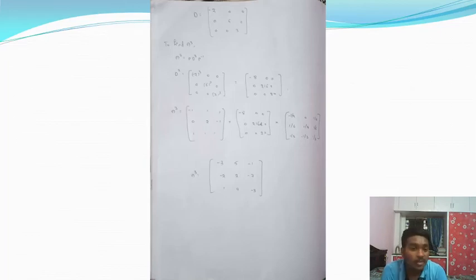P inverse is minus 1 by 2, 0, 1 by 2, 1 by 6, 1 by 3, 1 by 6, 1 by 3, minus 1 by 3, 1 by 3. After multiplying these three matrices, P into D cube into P inverse, we successfully get A cube. The resultant matrix of A cube is minus 3, 5, minus 1, minus 2, 2, minus 7, 1, 9, minus 3. We have successfully completed this.